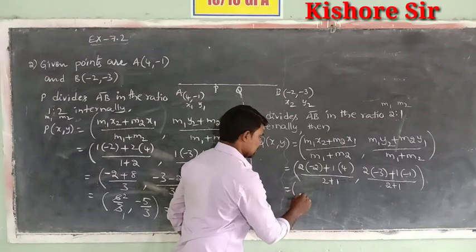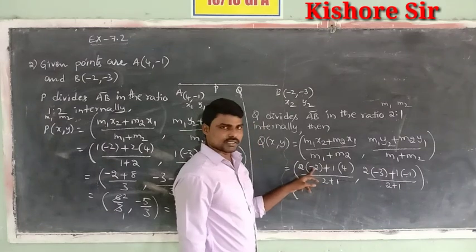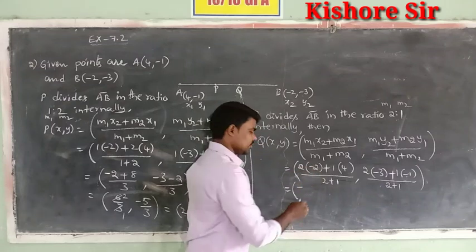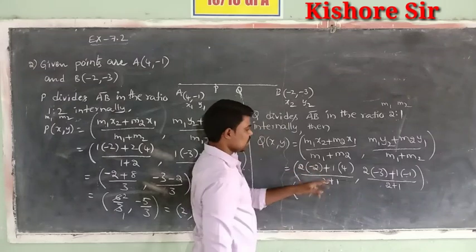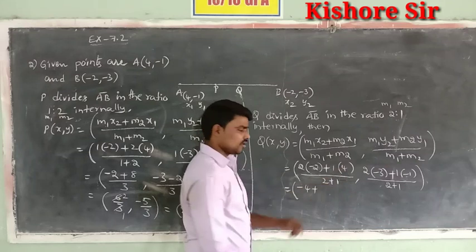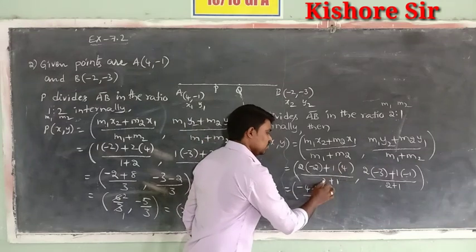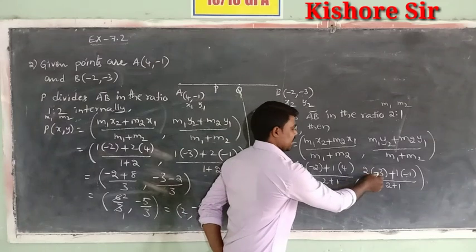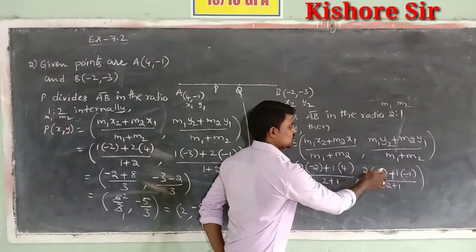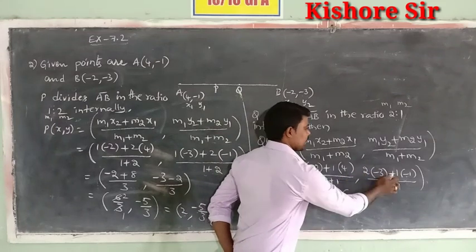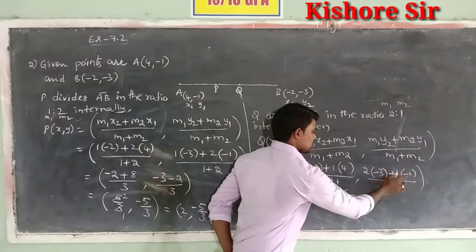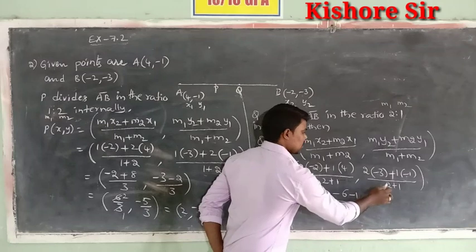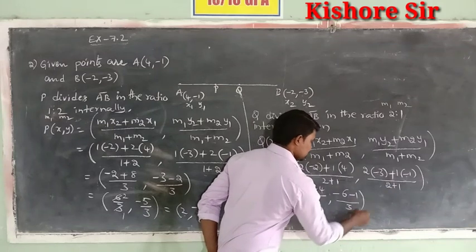So that equals (2 into minus 2, which is minus 4, plus 1 into 4, 4) by 2 plus 1, 3, comma (2 into minus 3, which is minus 6, plus 1 into minus 1) by 2 plus 1, 3.